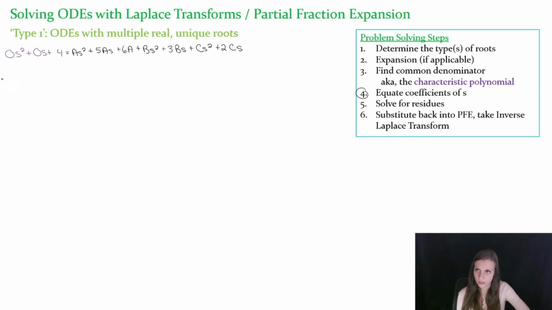Because for step 4, which is equating coefficients of S, I'm going to have S squared terms, S terms, and 0th order terms.